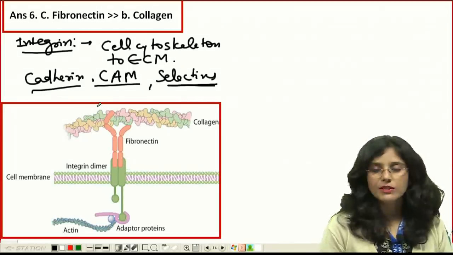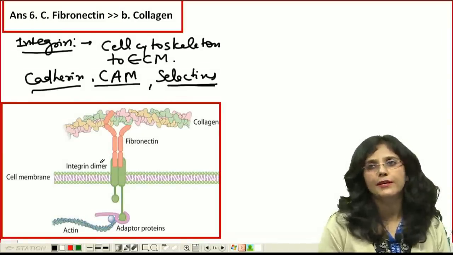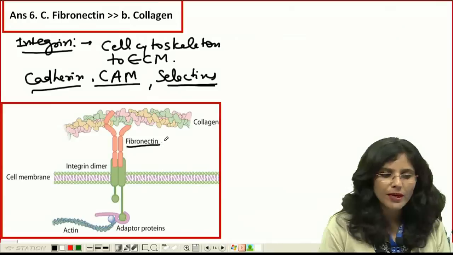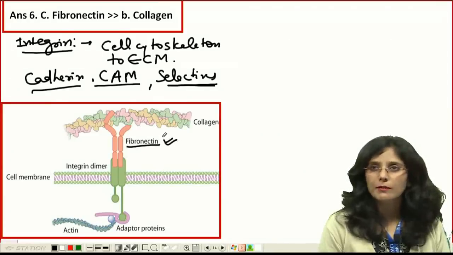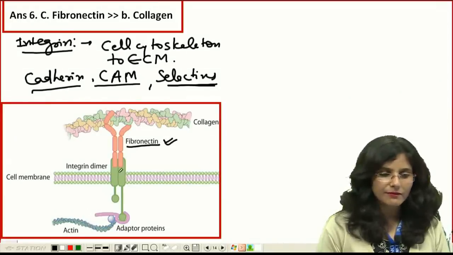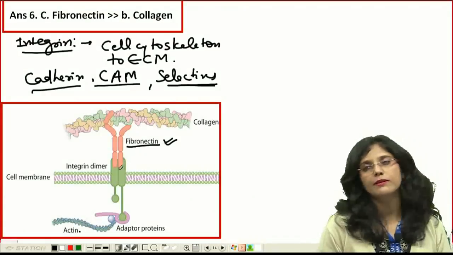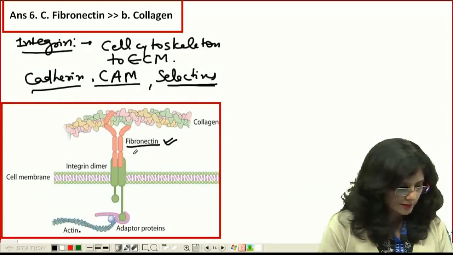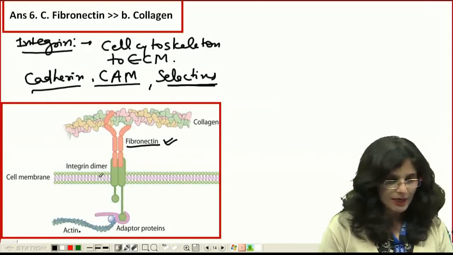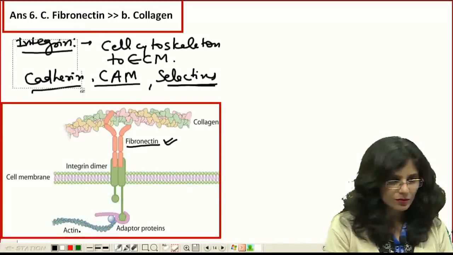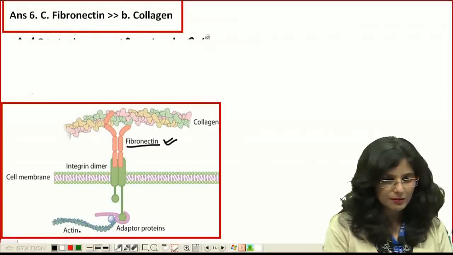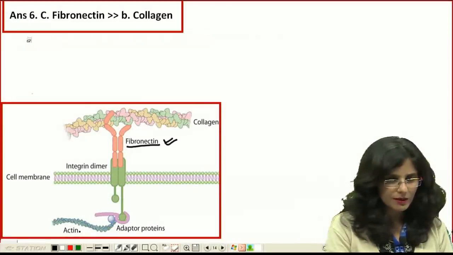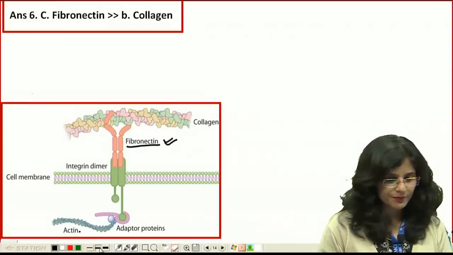In the options given, they all can be ligands for the integrin, but only fibronectin binds the actin. Fibronectin binds the actin through this integrin. What about laminin? Laminin was also an option, so you should know a few important things about it.